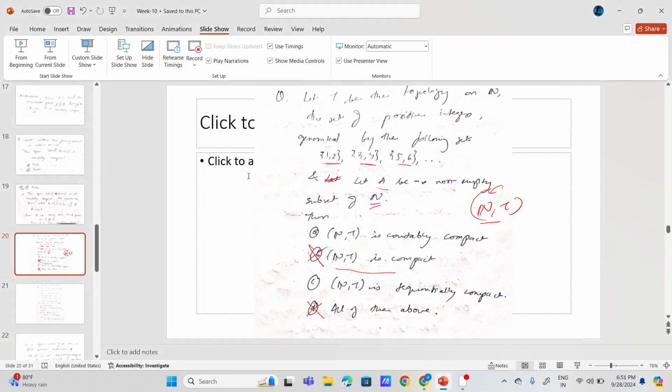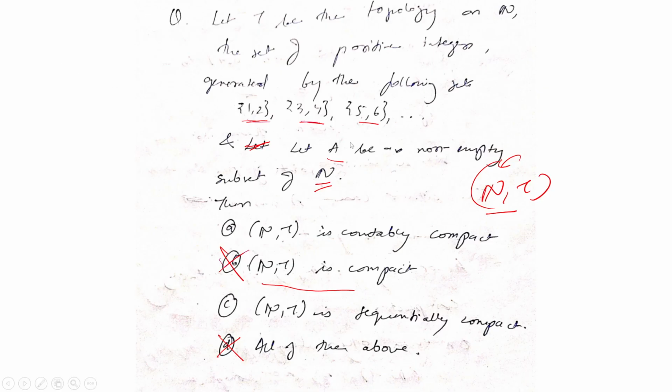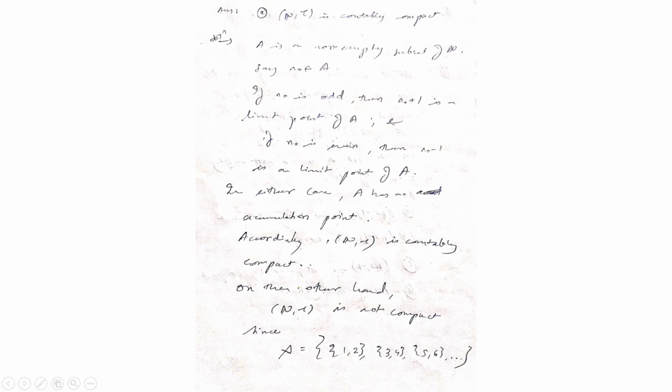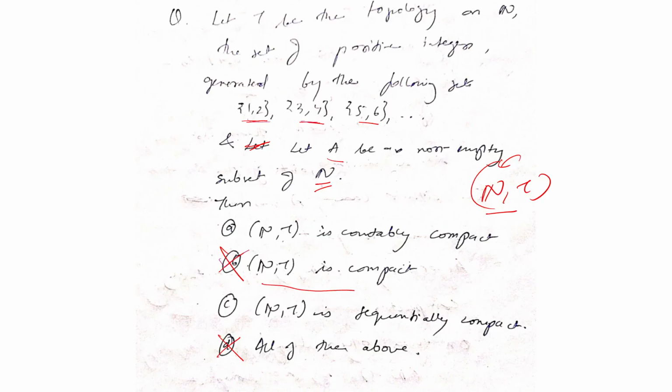Okay, let's see the answer. So the correct answer is that it is countably compact. How can we prove that?